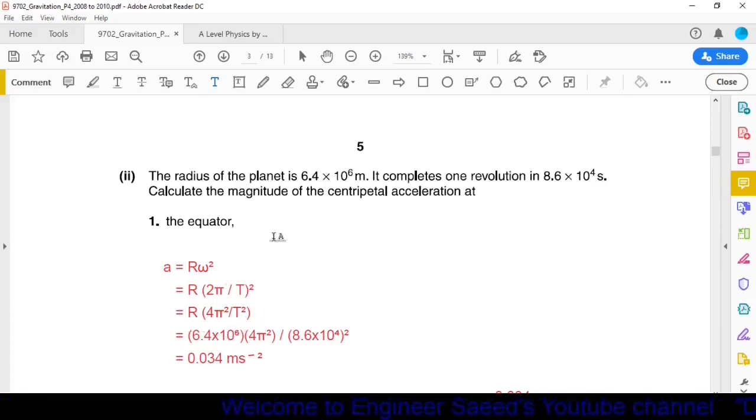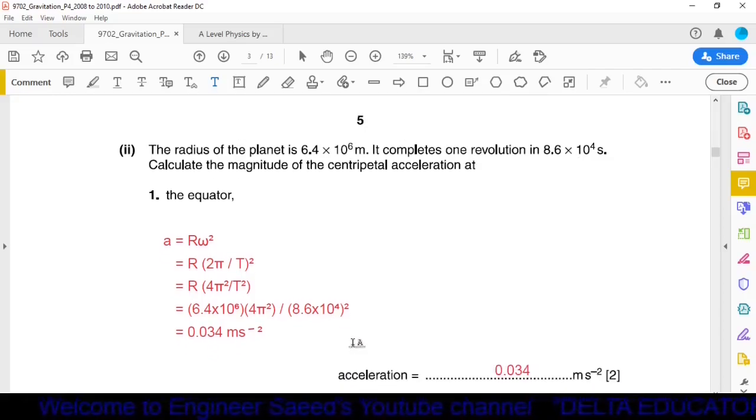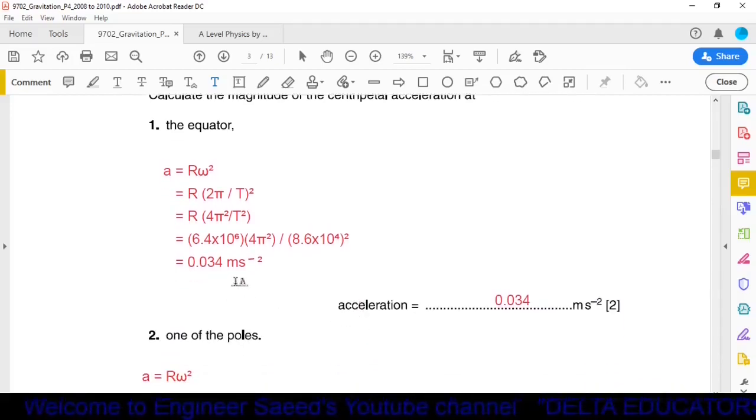Value of r is given here, 6.4 into 10 power 6. It is 4 pi square, kept as it is. T is the time period or time taken to complete one revolution, that is given here. It is 8.6 into 10 power 4. So value of T square will be 8.6 into 10 power 4 whole square. And by solving this one, we will get the answer 0.034 meter per second square.